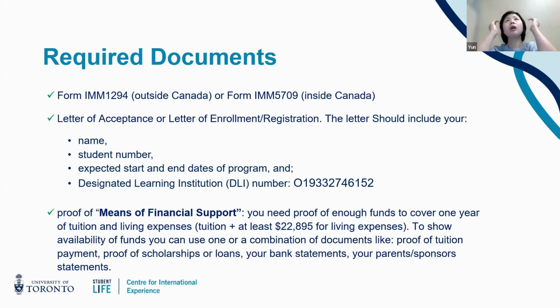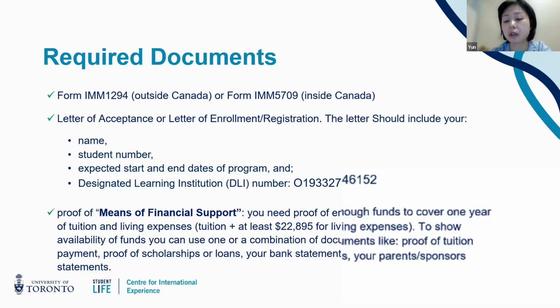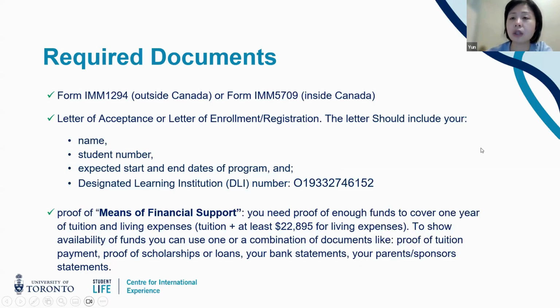One more important point is that when you apply for your study permit, it's not enough to just show that you have the funding. We have quite a few cases in which students were refused, although they have demonstrated that they have enough funds to cover both tuition and the living expenses.